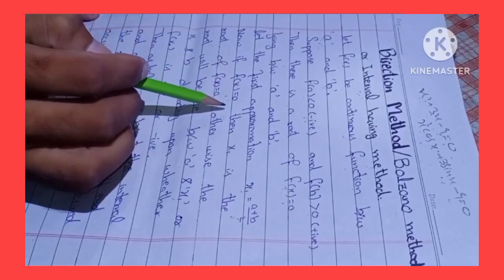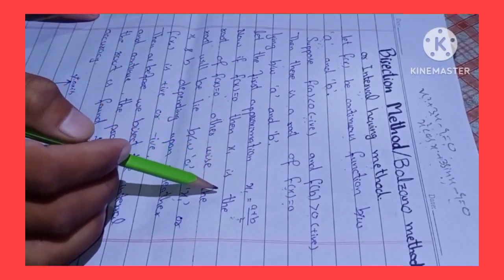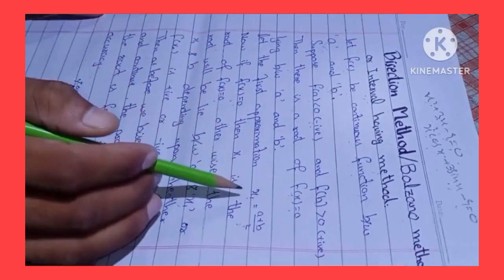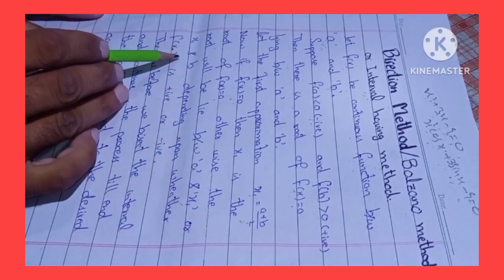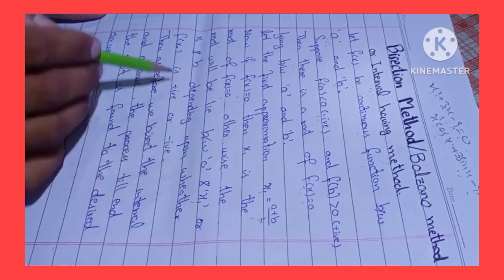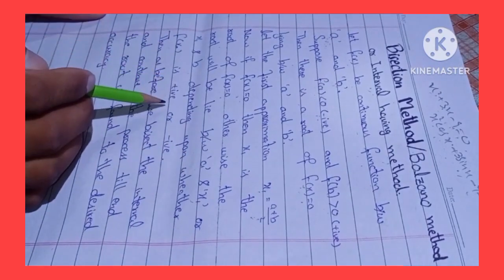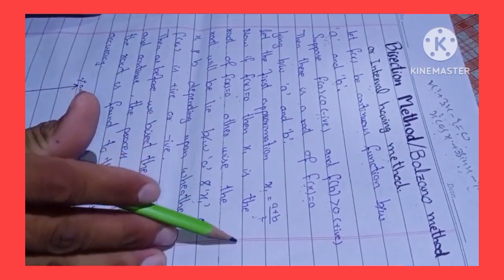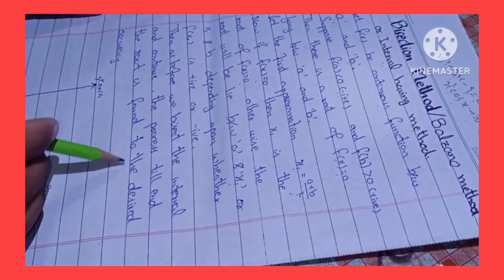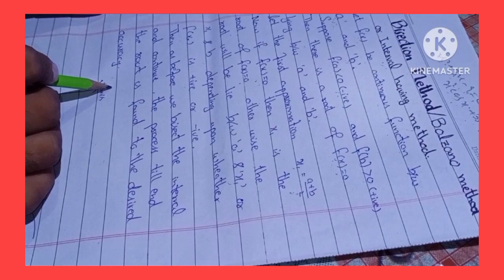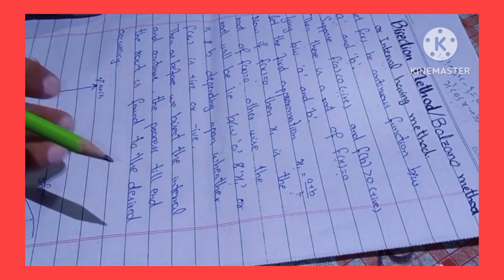Now if f of x1 is 0, then x1 is the root of f of x. Otherwise, the root will lie between a and x1 or between x1 and b, depending upon whether f of x1 is positive or negative. This process continues until the root is found to the desired accuracy. We get the root when the sign is changed.